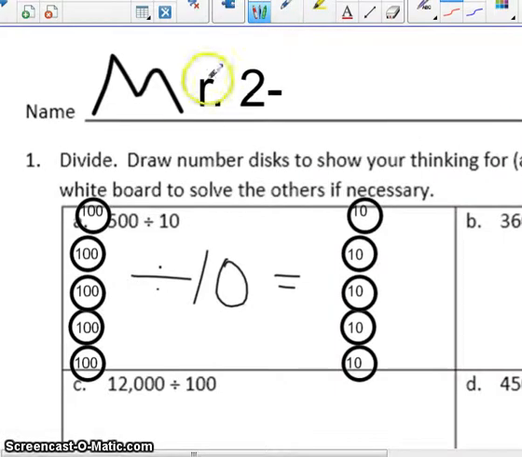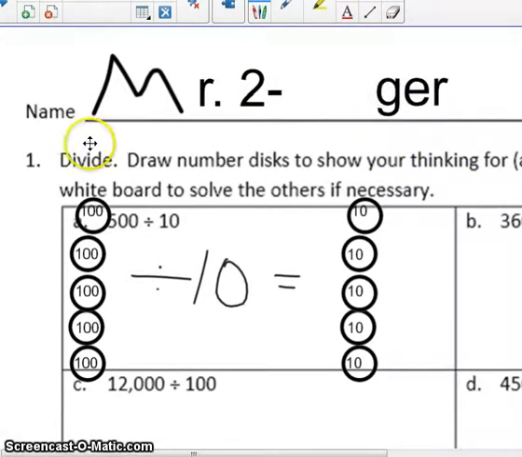Okay, it looks like that did not work at all. So apparently my name is Mr. 2 minus Gur. Well, you get the idea of what I was trying to do, I hope.